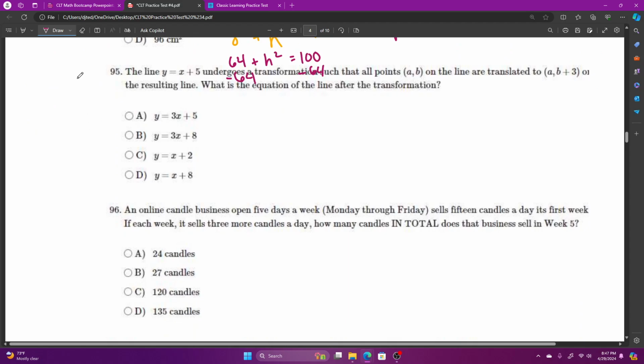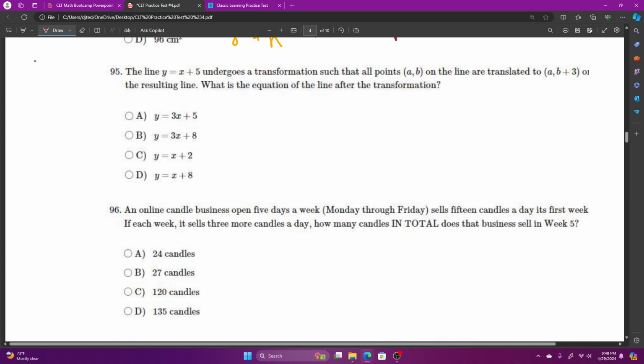And up next, we have question number 95. The line y equals x plus 5 undergoes a transformation such that all points A and B on the line are translated to A, B plus 3 on the resulting line. What is the equation of the line after the transformation?